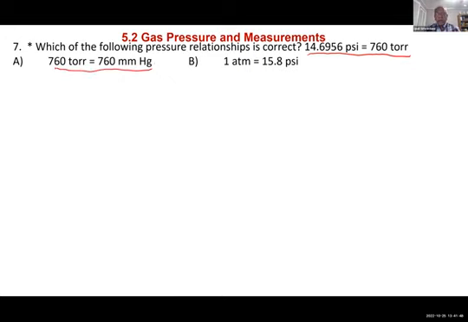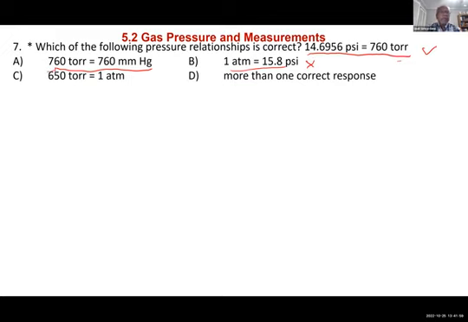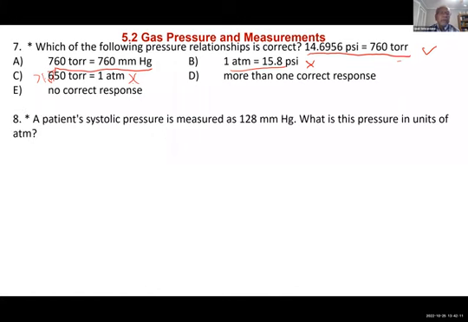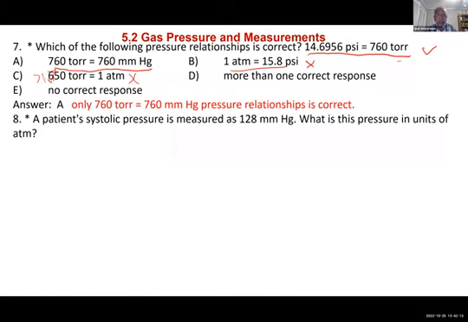This is not correct because this one is correct. This is not the same thing. 1 atmosphere is not 760 psi. Therefore, this is not correct. More than one correct answer? No, there's only one. A is the correct answer. So you find the correct relationship.